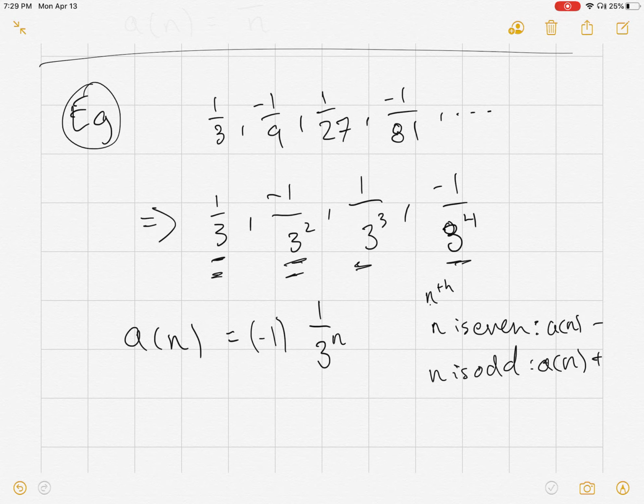Okay, so if I just took the n and raised -1 to a power of n here, when we take -1 and raise it to the power of 1, we would get a negative here. And then if we took -1 and raised it to the power of 2, then we would get a positive. And then if we raise it to the power of 3, we'd get a negative, positive, right? This is the wrong sort of flip-flopping that we're looking for. We want a positive in our 1 spot and a negative in our 2.